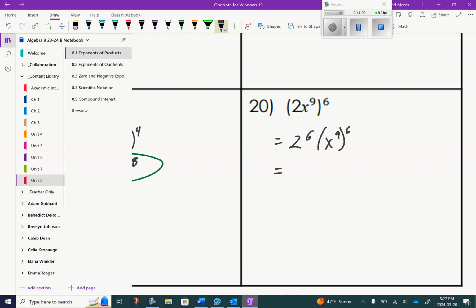And again, if you want to do that, 2 times 2 times 2 times 2 times 2 times 2 is 64. Or you can just leave it as 2 to the 6th, x to the 54th. Wow. That's a big exponent.